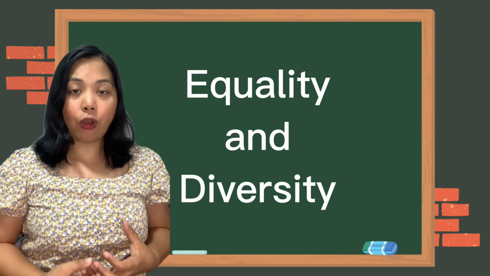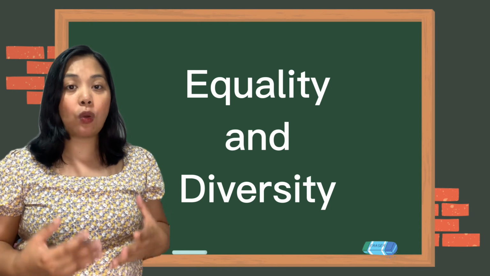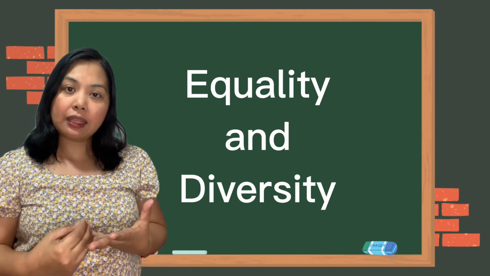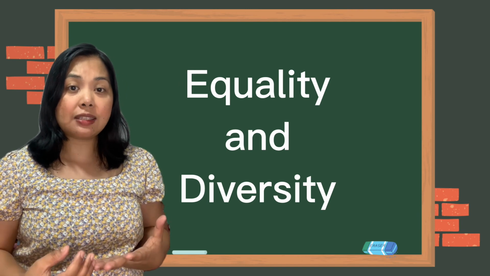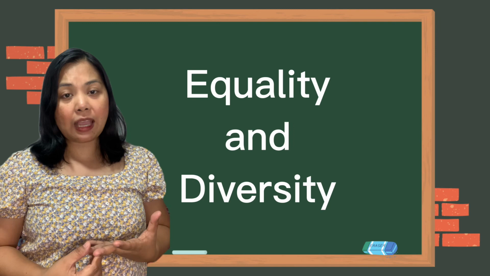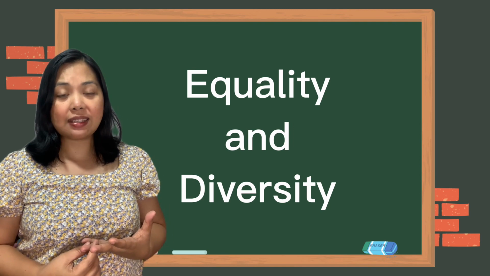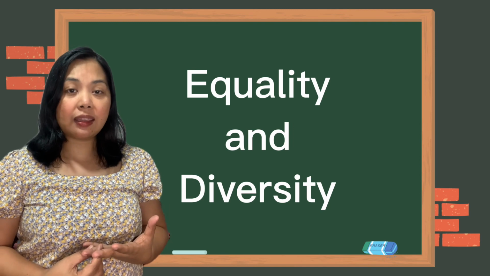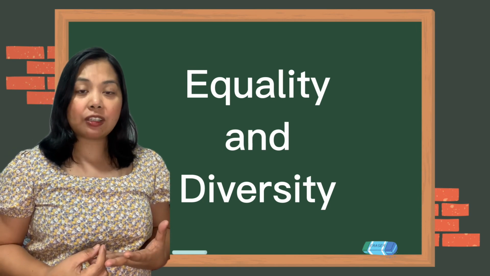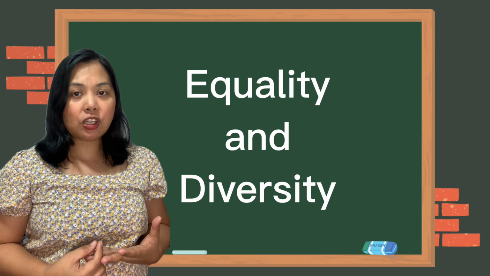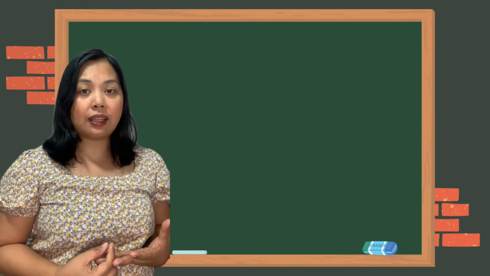Let us ensure that all assessment activities embrace equality, inclusivity, and diversity. Types of diversity that may exist among the students include socioeconomic status, access to devices, access to and the stability of internet connection, the stability of electricity supply, and racial, ethnic, and cultural differences.